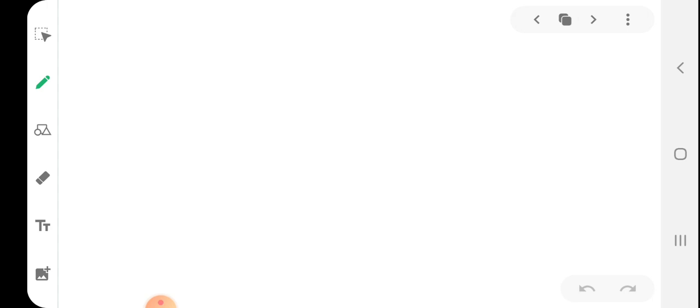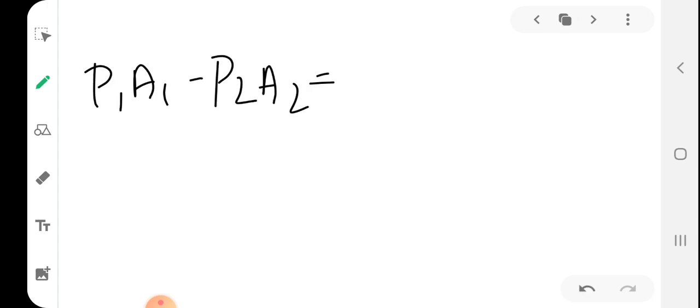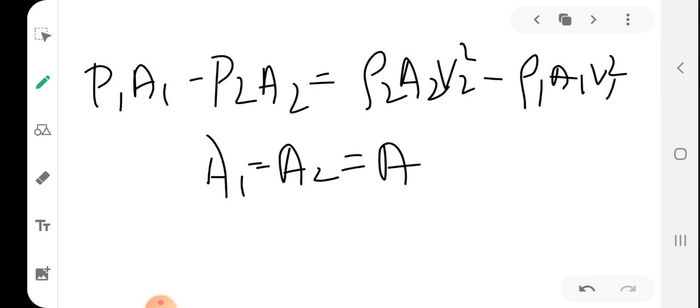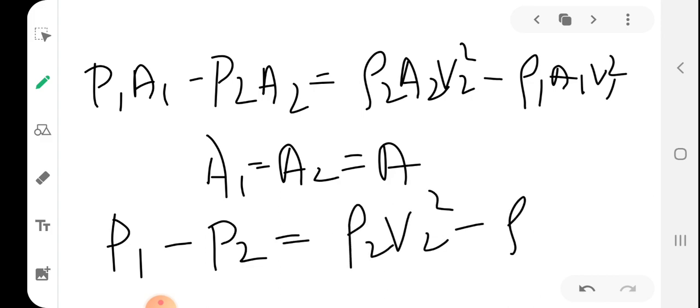You can simplify it as P1 A1 minus P2 A2 equal to rho 2 A2 V2 square minus rho 1 A1 V1 square. But A1 is equal to A2 is equal to A, constant area. So it can be written as P1 minus P2 is equal to rho 2 V2 square minus rho 1 V1 square, right?